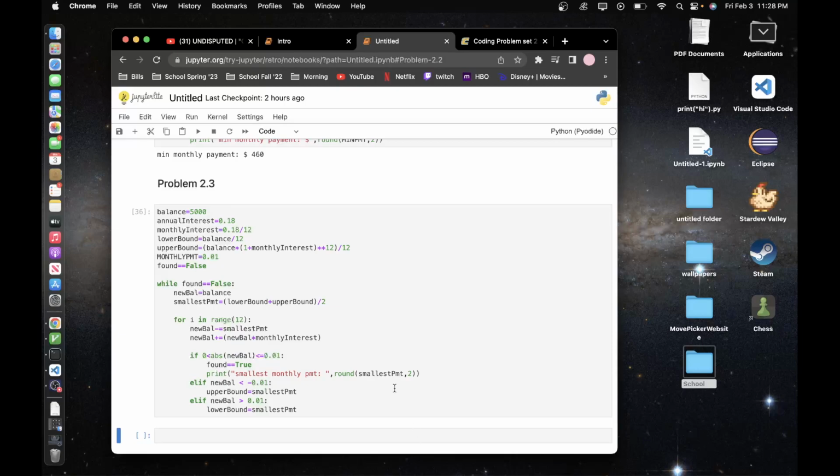I don't know why it's not. Well, found is false. New balance equals balance. Smallest payment equals obviously the lower bound plus the upper bound divided by 2. New balance equals the smallest. New balance minus equals the smallest payment. So we're subtracting the payment, and then we're adding the interest.